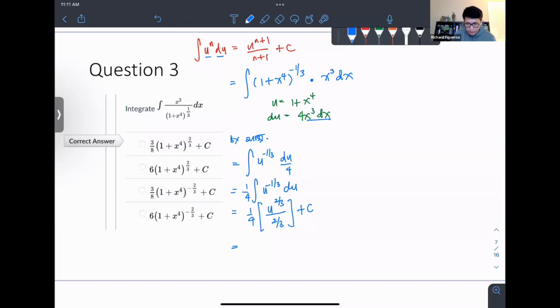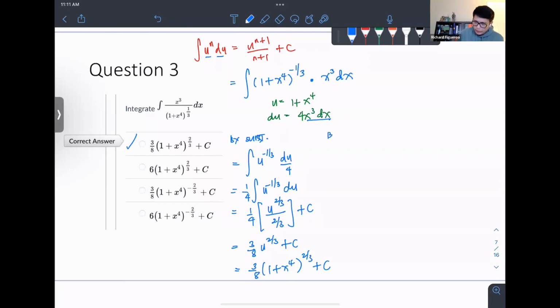So 3 over 2 times 1/4 will be 3 all over 8 u raised to 2/3 plus c. Or in short, that would be 3 all over 8, where u is 1 plus x to the 4th, raised to 2/3 plus c. So which is the first choice?